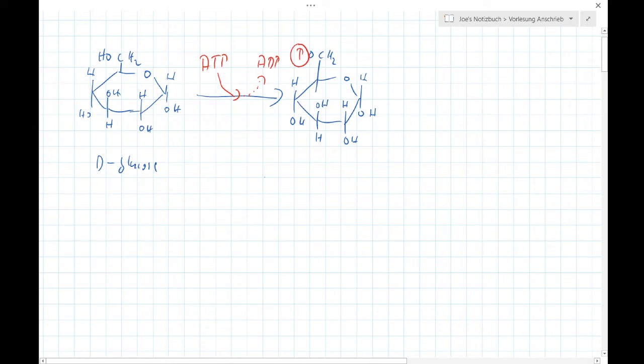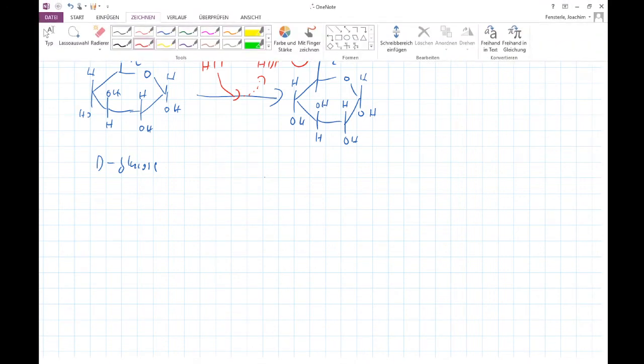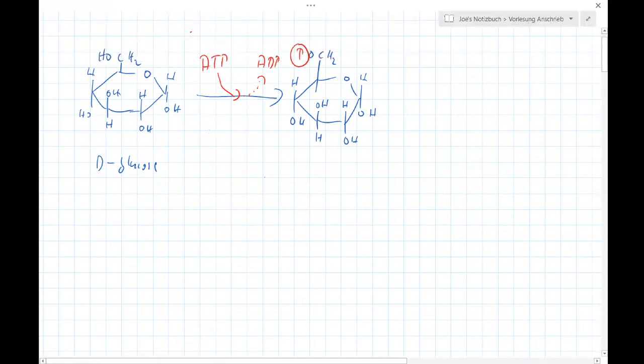An enzyme which phosphorylates another molecule is called a kinase. So this enzyme must be called a kinase, and as it's phosphorylating a hexose, glucose is a hexose, it's called hexokinase. So nothing special is happening, you just phosphorylate at the C6 position, yielding here glucose 6-phosphate. So that's the first step in glycolysis.